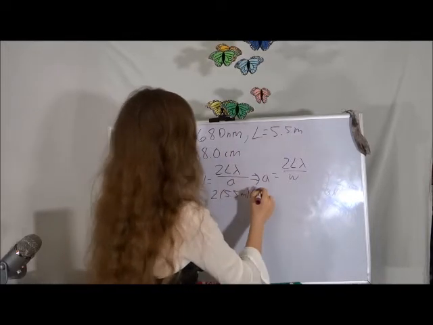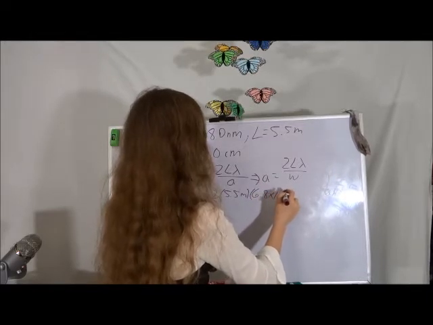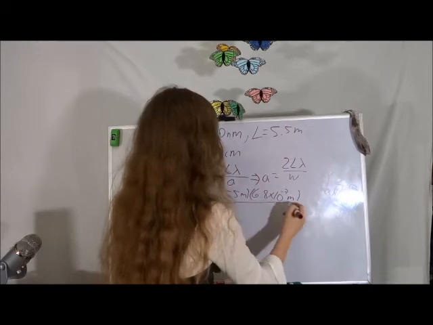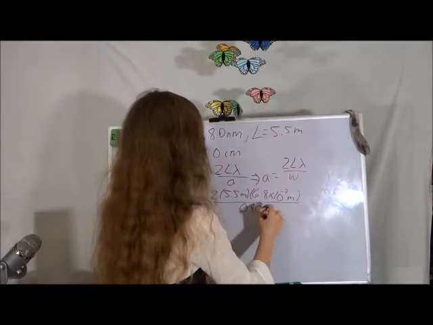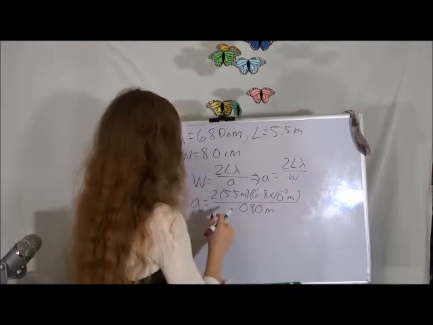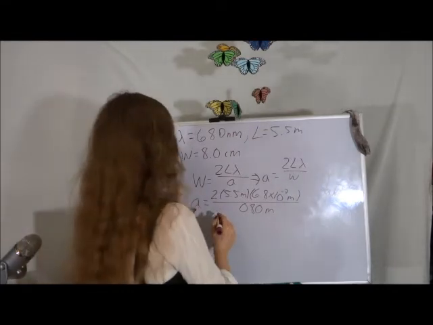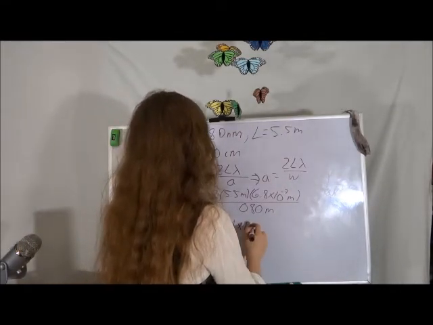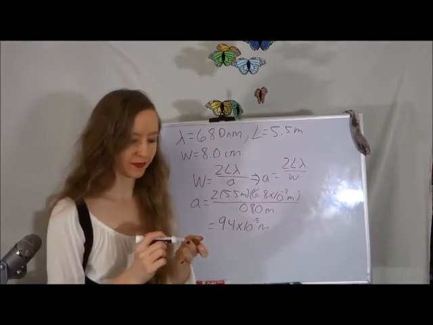Now our wavelength is going to be 6.8 times 10 to the minus 7 meters. And then 8 centimeters, that's the same thing as 0.08 meters. So now we're going to plug this into our calculator, and we're going to find that A is equal to 9.4 times 10 to the minus 5 meters to 2 sig figs.